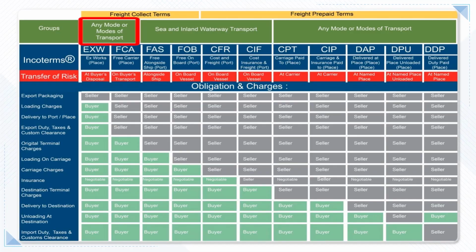There are 7 terms applicable for any mode or modes of transport: EXW, FCA, CPT, CIP, DAP, DPU, DDP, and 4 terms for sea and inland waterway transport: FAS, FOB, CFR, and CIF.